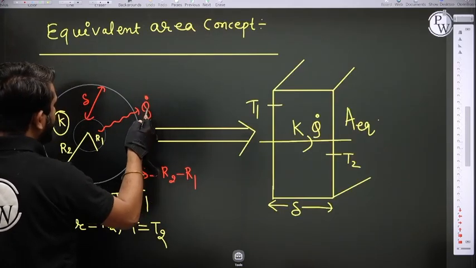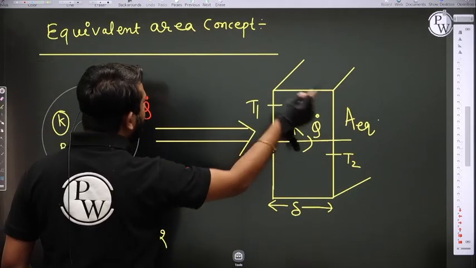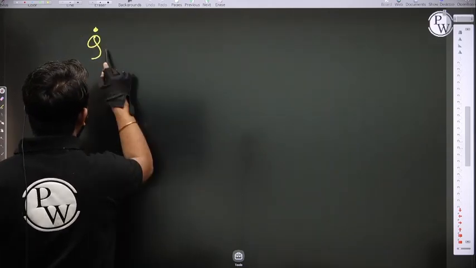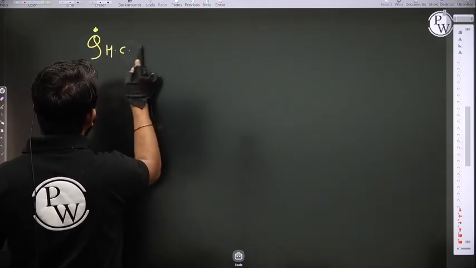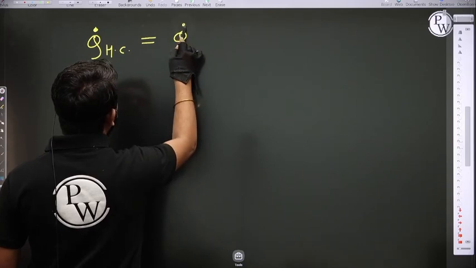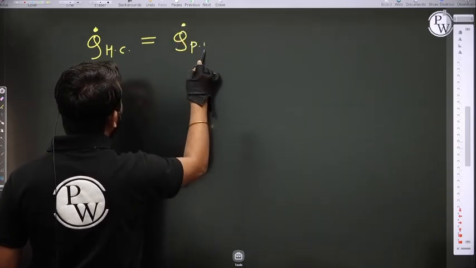The rate of conduction heat transfer from this hollow cylinder is equal to the rate of conduction heat transfer through the plane wall.